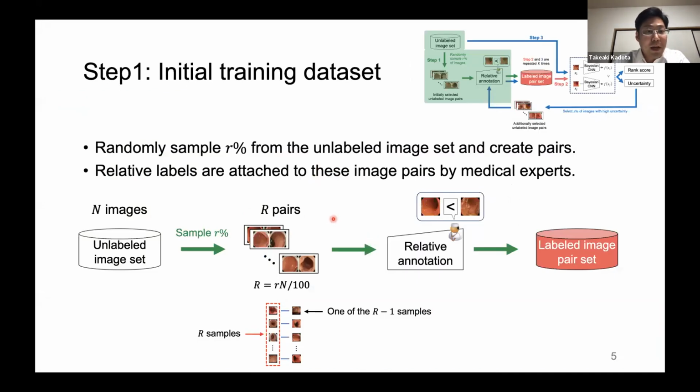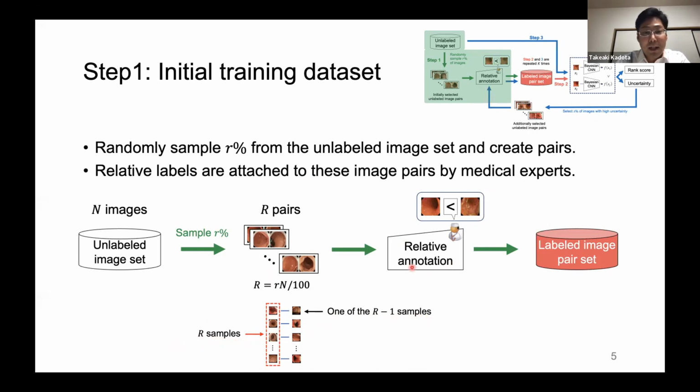First, we randomly sample R% from the unlabeled image set and create pairs. To reduce the number of pairs for annotation, each of the R samples is randomly paired with one of the R-1 samples.